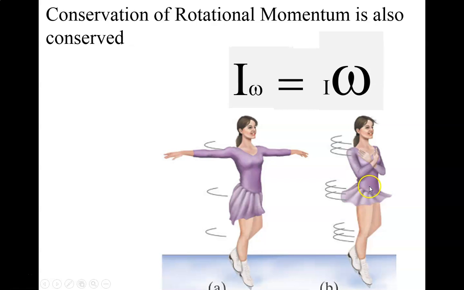This is similar to a figure skater when they bring their arms in or out. When they start with their arms out and then bring their arms in, their rate of rotation increases. This is just conservation of rotational momentum. When their arms are out, they have a higher inertia and a small velocity, and when they bring their arms in, they have a small inertia and a larger velocity.